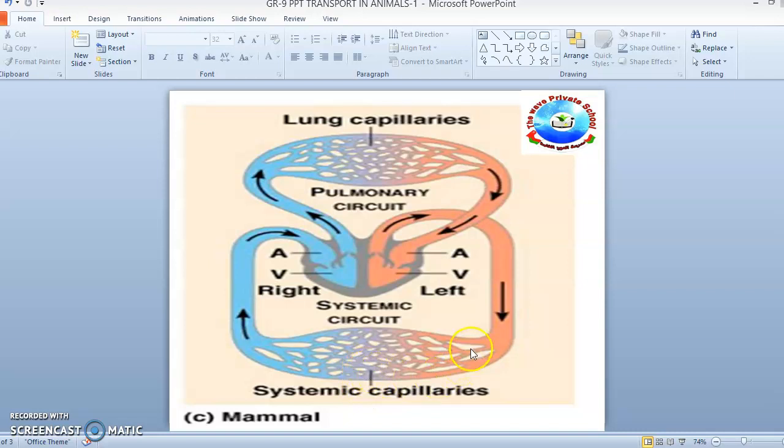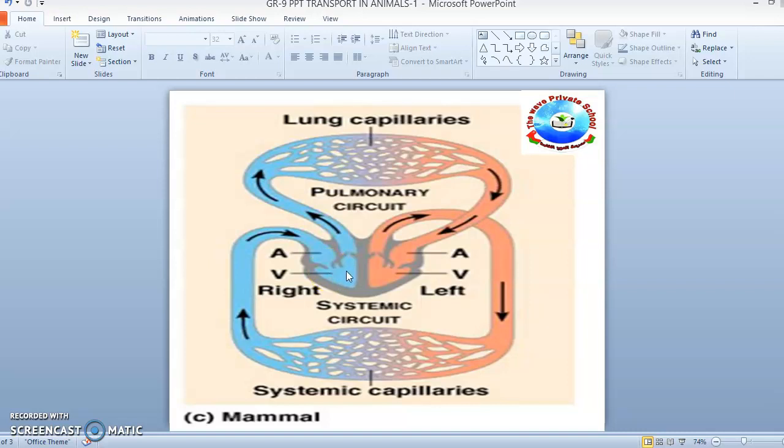From here the systemic capillaries take the oxygenated blood, and in the process of respiration this oxygenated blood is transformed into deoxygenated blood and reaches the right side of the heart.